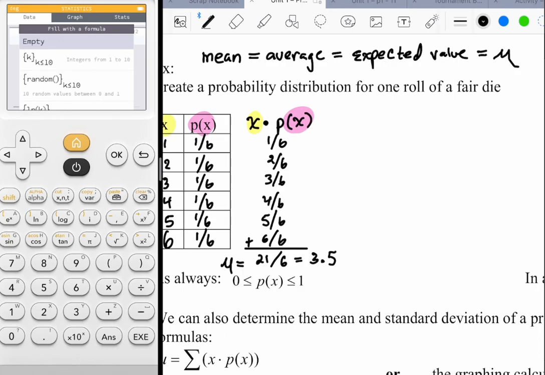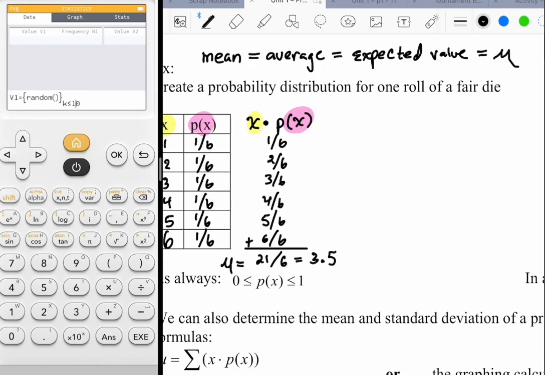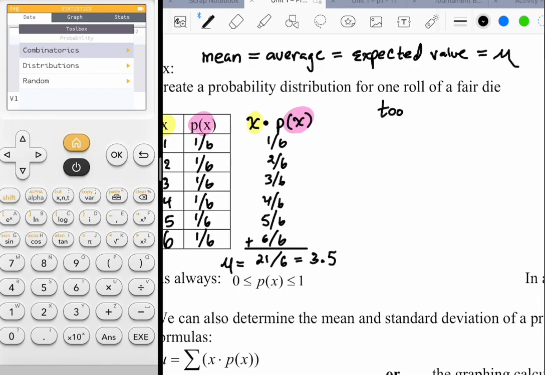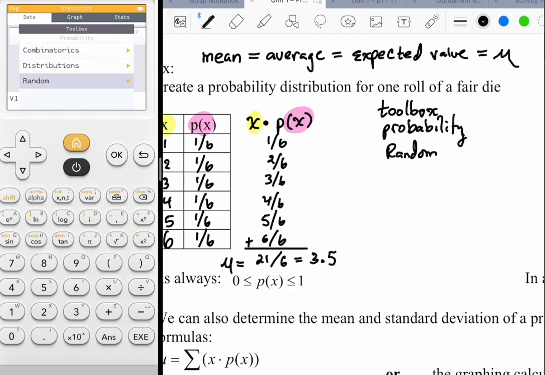I mean, you could go down the list and look for it, but these are really just templates. So if I go and hit OK on this, but then go into the squiggly brackets and clear that out or delete it, in the toolbox under probability, so let me make a note, toolbox, now my pen doesn't want to work, oh there it is, toolbox, it's really giving me a hard time, probability, random, hit OK.